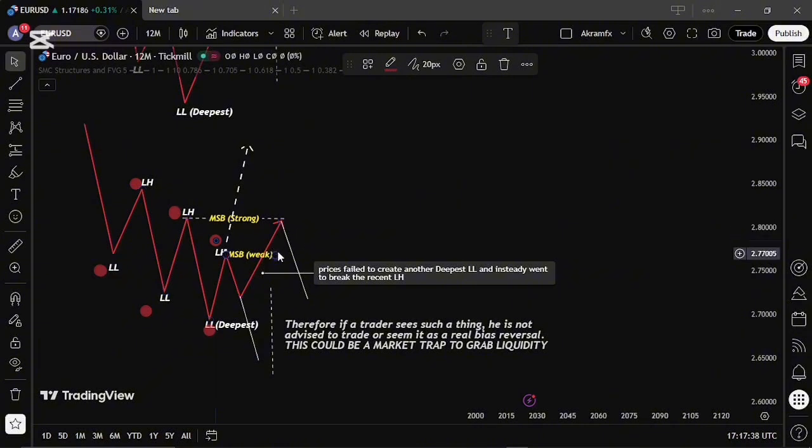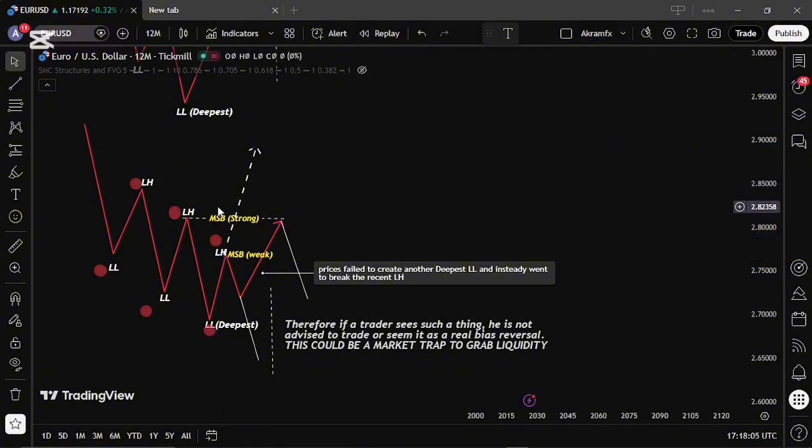If you see such a thing, do not consider that the sellers are getting exhausted, because they haven't broken the lower high that created the deepest lower low. You must wait until price breaks the swing that created the deepest lower low. Then we consider that a strong market structure break.